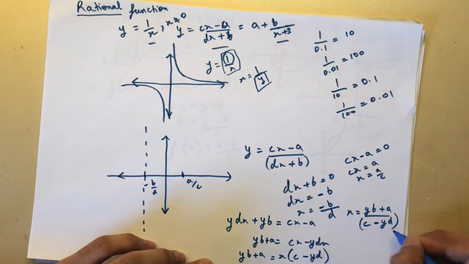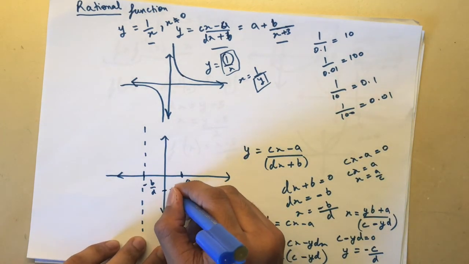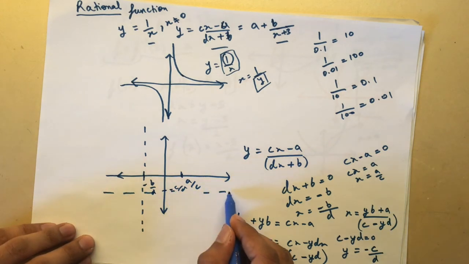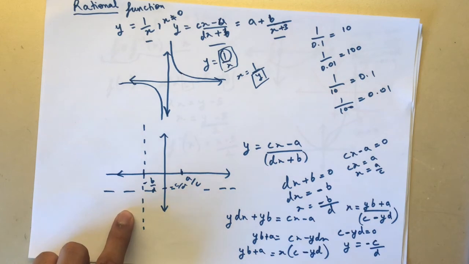And now again, c minus yd can never be 0. So at the point where c minus yd is equal to 0, that is where y is equal to c upon d, there would be another asymptote, because this can never be 0, and so at that point it wouldn't exist.